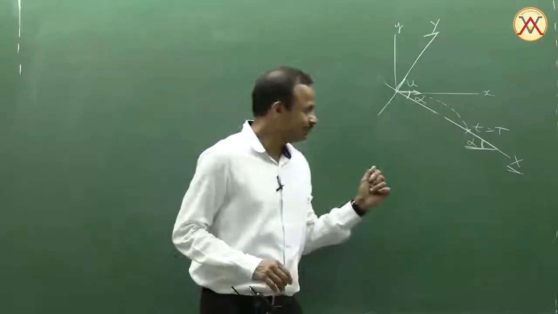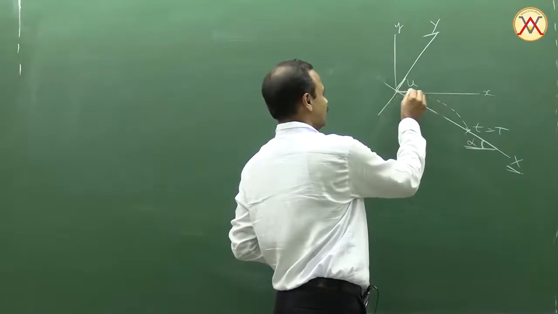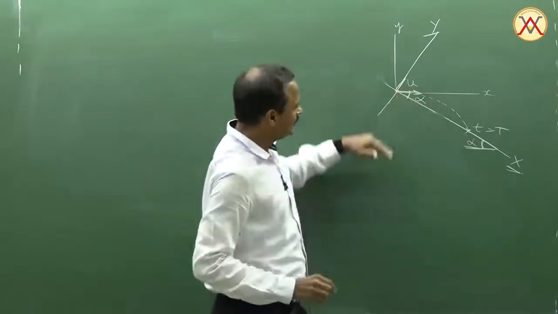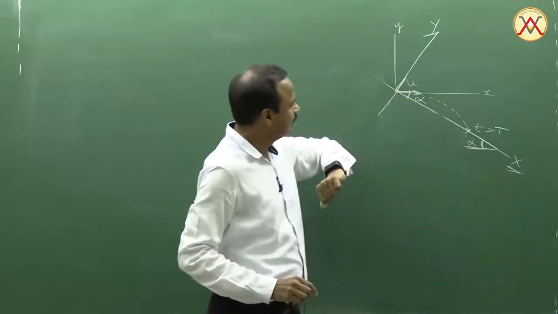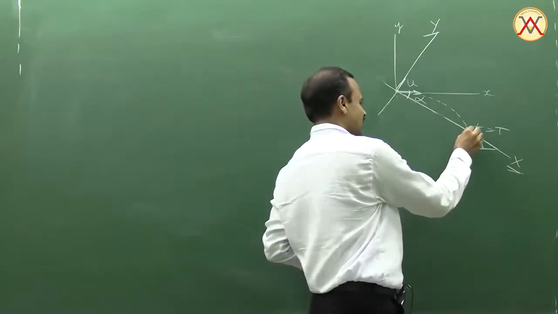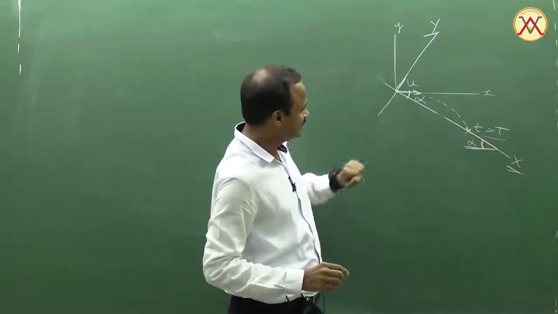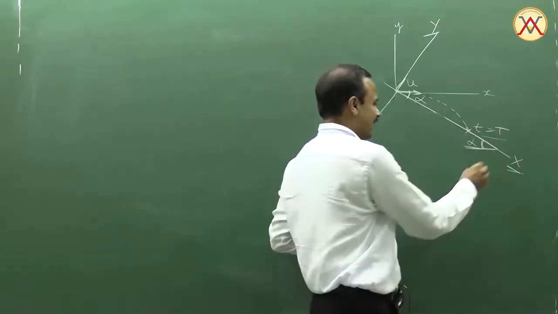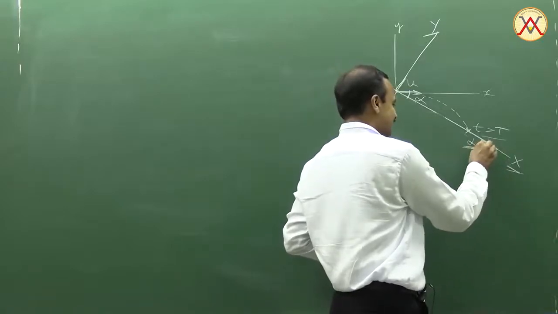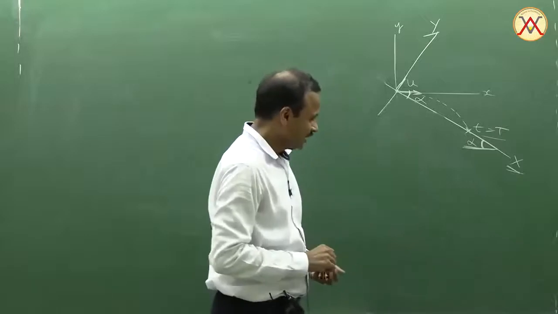Let's take this example. Here, the projectile is fired horizontally down an incline. And we have to find after what time it hits the inclined plane. Initial velocity u is given. The angle of incline is alpha, so this angle will also be alpha.